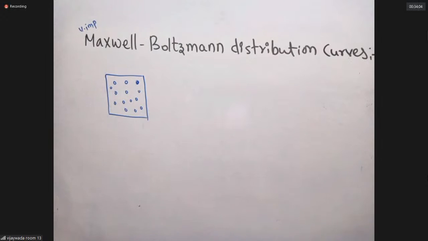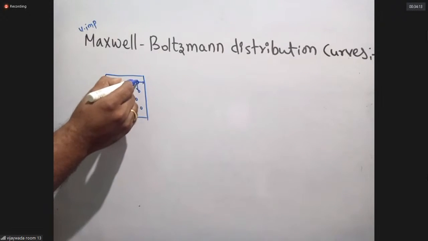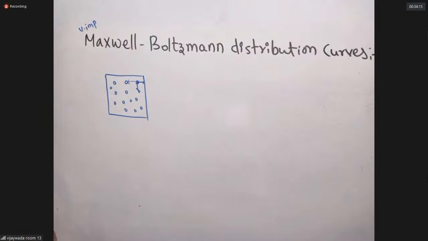The velocity frequently changes because it may collide with another molecule or the walls of the container. Each and every second, in fractions of seconds, the velocity may increase or decrease. So it is very difficult to identify the exact velocity of a molecule in a container or anywhere.